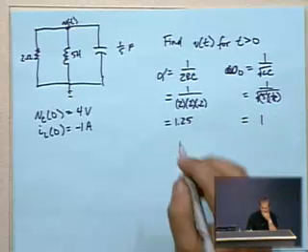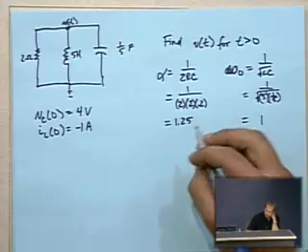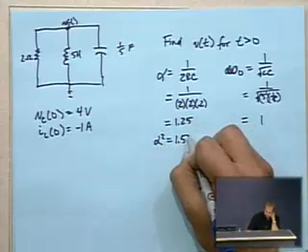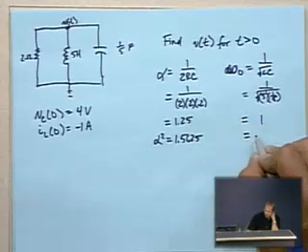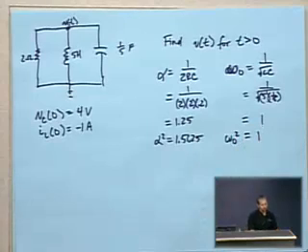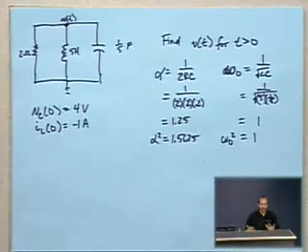So again, we can plug in real quick and say 1.25 squared is 1.5625. Conveniently, omega naught squared, I can do that one in my head, 1 squared is still 1. And alpha squared is greater than omega naught squared, so we've shown that it is indeed an overdamped circuit. I mean, there's not much to it there.